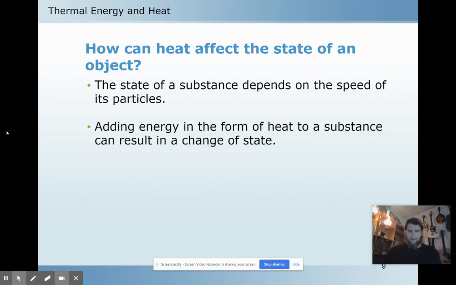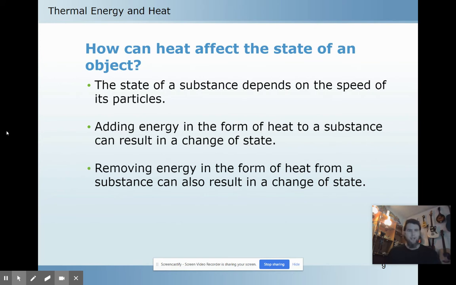So if we have that ice cube as a solid, once it melts and it's all water, it has gone through what's called a change of state and is now in the liquid phase. If it keeps getting heated up and it becomes steam, that is once again a change of state. Removing energy in the form of heat can also result in a change of state.